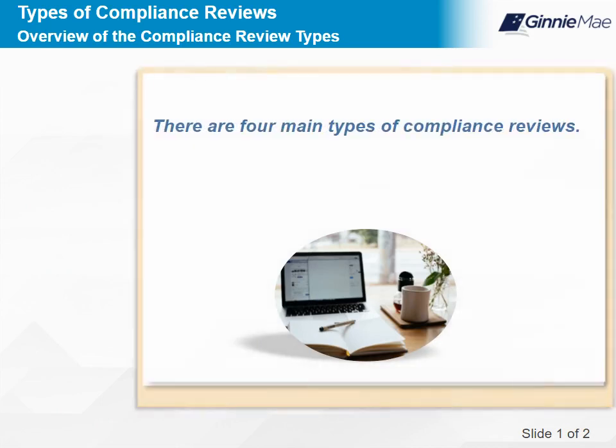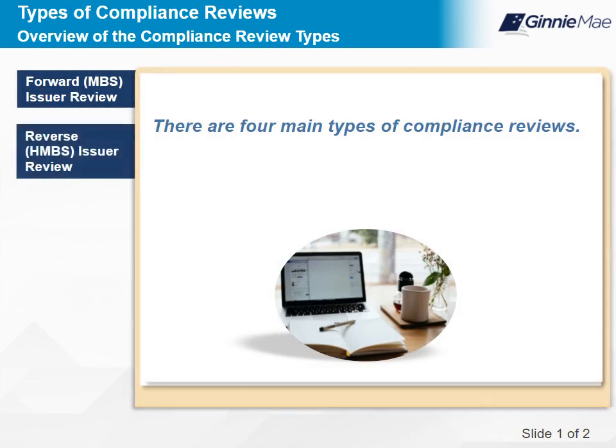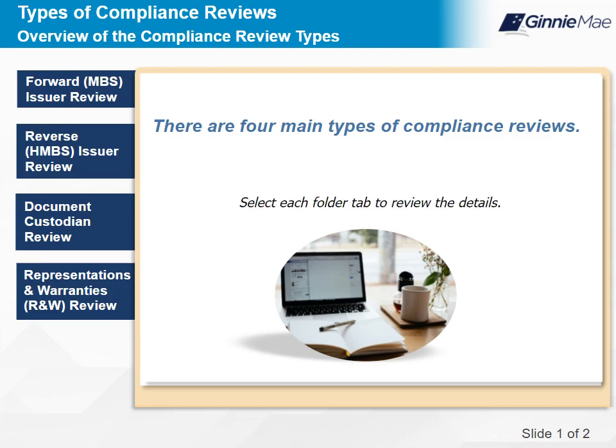Let's explore the main types of compliance reviews: Forward MBS Issuer Review, Reverse HMBS Issuer Review, Document Custodian Review, Representations and Warranties, R&W Reviews. Let's explore the specifics of each review now. Select each folder tab to review the details.